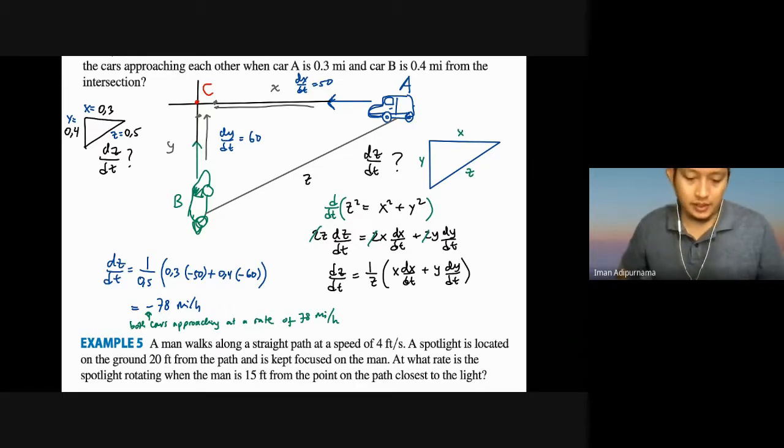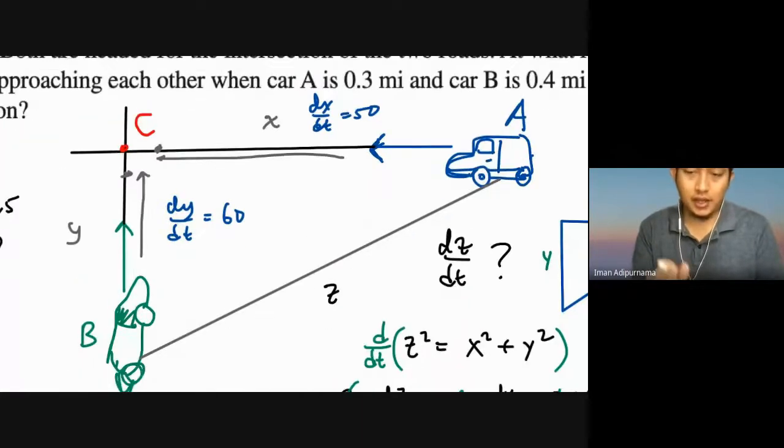Negative. Okay, negative is because I make a definition for negative for me. So if this is x, this distance x is decreasing, right?